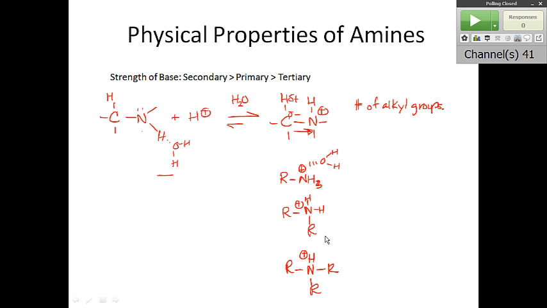So there's 2 factors that come into play, and in the end, you just have to remember that secondary is the most basic, followed by primary, and then tertiary. Tertiary amines one would think would be the most basic, and they're not. They're the least basic. Okay. So there are these 2 factors that play off against each other.